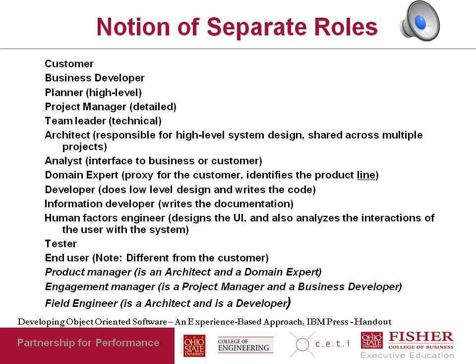So that product manager will play a technical role as an architect for that system, but also will play a domain expert role, where he will say, in the next year or so, these are the features that will be in demand within the market, and therefore this is the order in which these features should be implemented in the product.